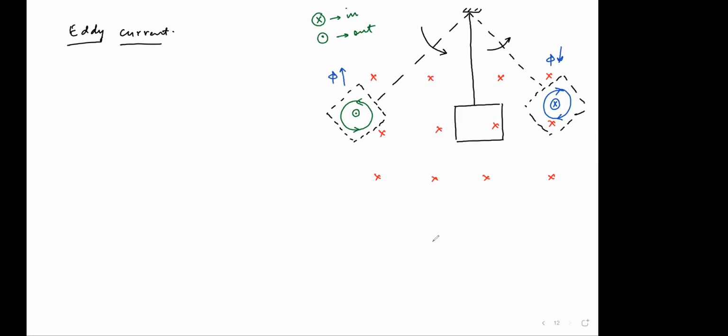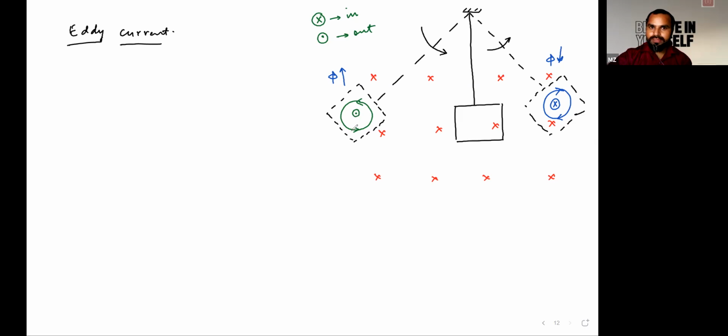Yes, sir. Now just see, the current which is induced in this metallic plate is circulating in nature, circular in nature. So due to this shape, we call this eddy. Eddy is nothing but a circular or whirling thing.